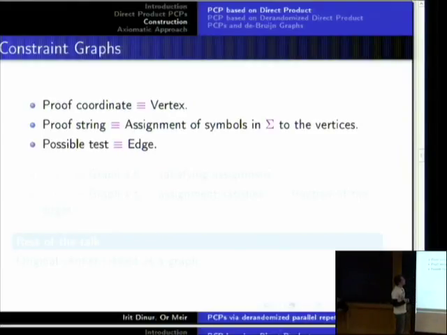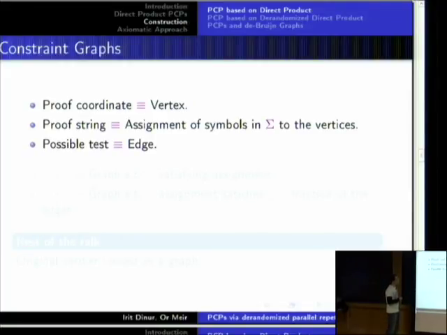Every possible test that the verifier may make makes 2 queries to vertices of the graph. So we put an edge between those 2 vertices, and we identify the test with this edge. We say that the assignment satisfies the edge if the corresponding proof string passes this particular test of the verifier. Otherwise, we say it violates it.